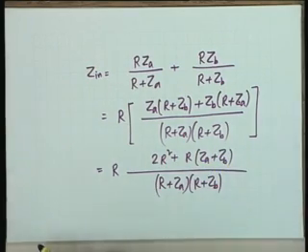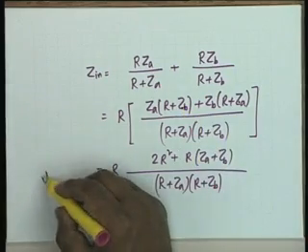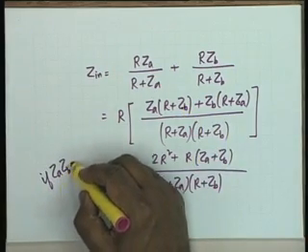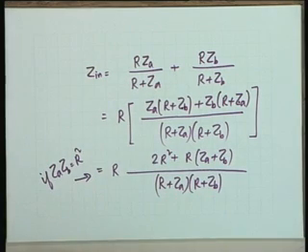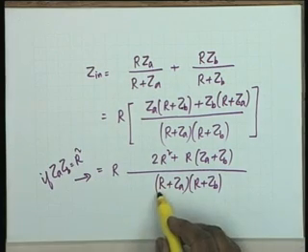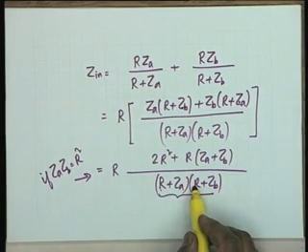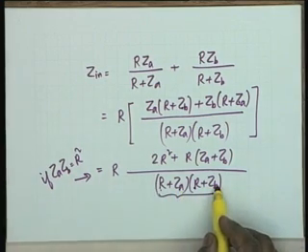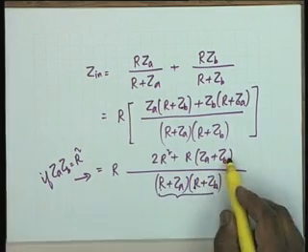Is that okay? If ZA ZB equals R squared, then this step follows. And you see that the denominator is the same, R squared plus ZA ZB, which is also R squared, plus R multiplied by ZA plus ZB.